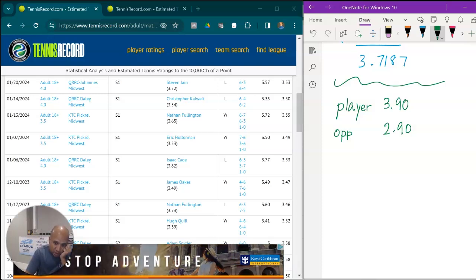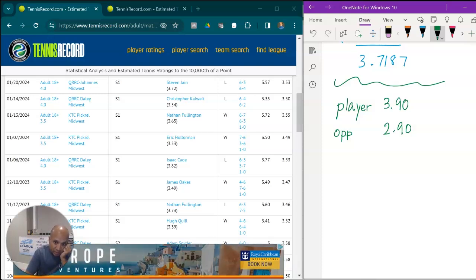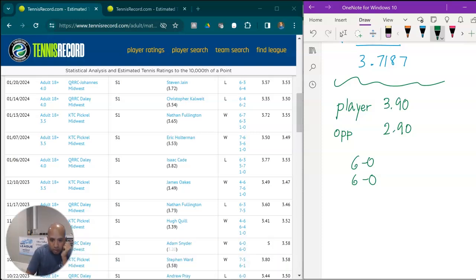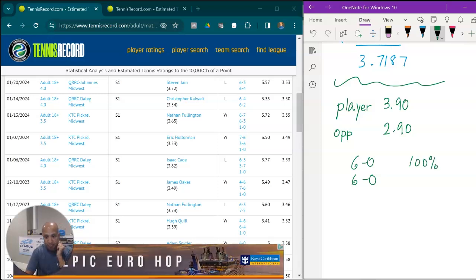The expectation is that the player is probably going to win 6-love, 6-love. Maybe not, but more often than not, that's what you would expect in this scenario because the player's rating is so much higher than the opponent's rating. That means that the player won 100% of the games, right?